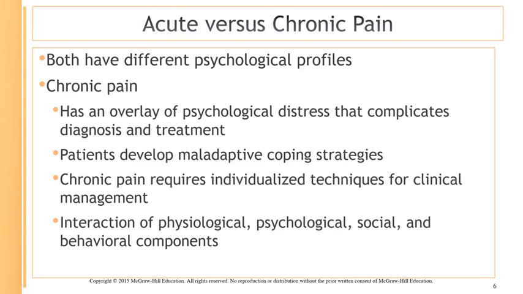Oftentimes with pain, patients can develop maladaptive coping strategies, which often lead to poor health behaviors. And so chronic pain really requires an individualized treatment plan for clinical management. With chronic pain, it's important to assess the interaction between the physiological, psychological, social, and behavioral components.